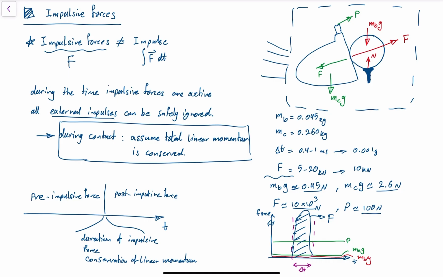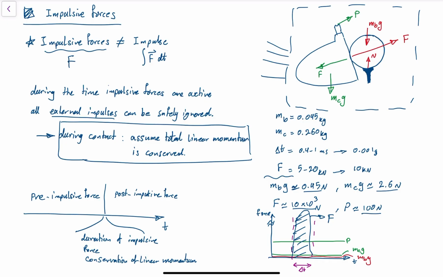Again, you can use equations of motion, work and energy, or other forms of impulse and momentum principle to calculate what happens after. So essentially, you have this discontinuity. Physics is continuous, but you can safely ignore what happens during contact and jump from before to after, and use conservation of momentum to make that jump.